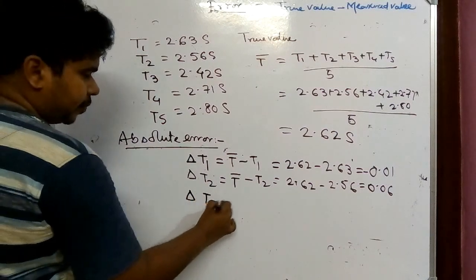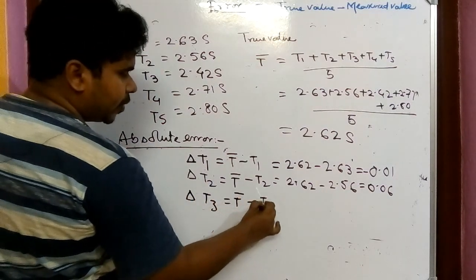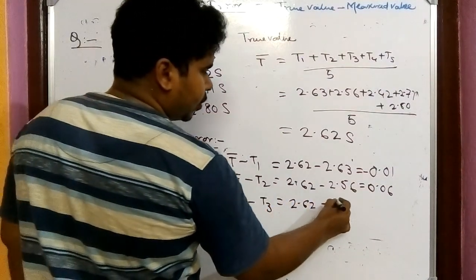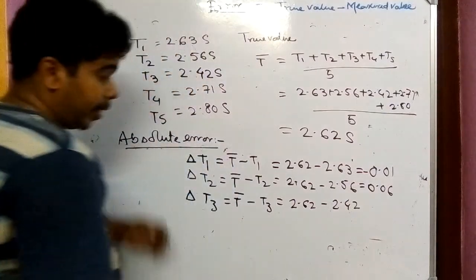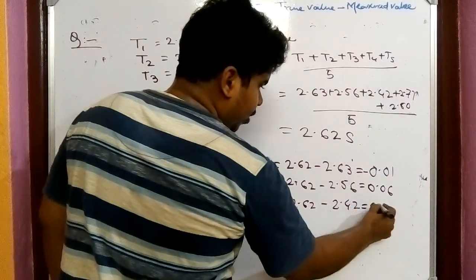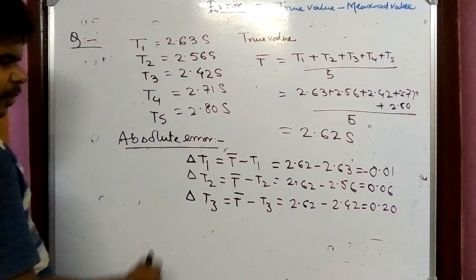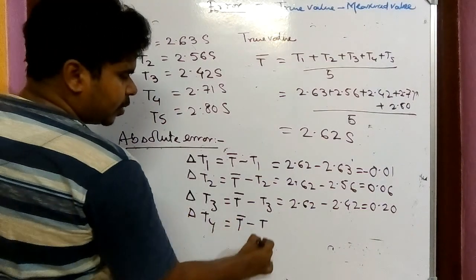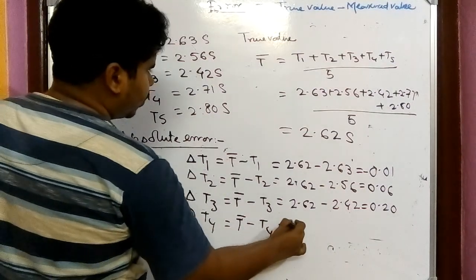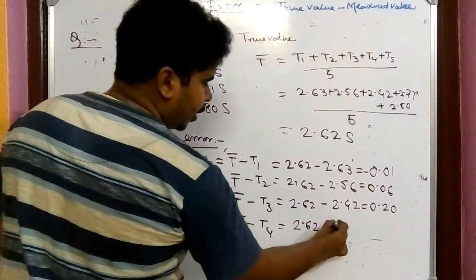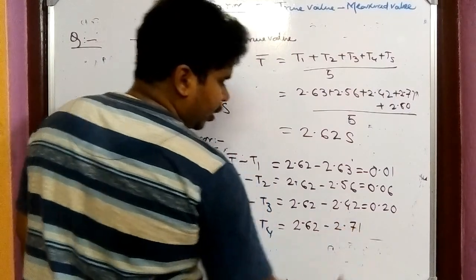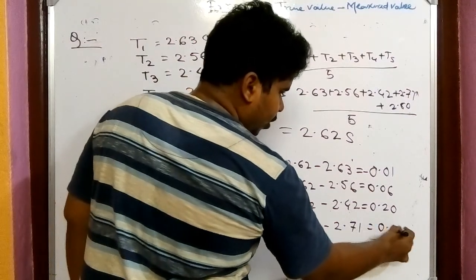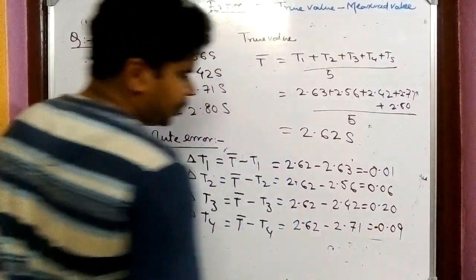Delta T3 should be T bar minus T3, and here it is 2.62 minus 2.42. So here it is 0.20. Next, delta T4, T bar minus T4, so it is 2.62 minus 2.71. So 71 means 9, that is 0.09 with a minus sign.